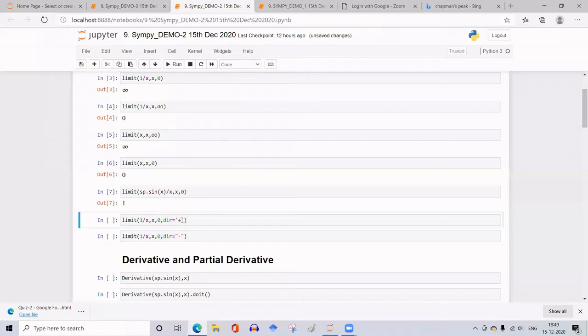So we can indicate the direction by this extra argument in the limit, dir equal to, indicating the sign within this code, whether it is approaching this value from the positive direction or negative direction. Okay, so these two lines are indicating that. So when it is approached from the positive direction, what do you expect the answer will be for this limit 1 over x as x tends to 0 from the positive direction?